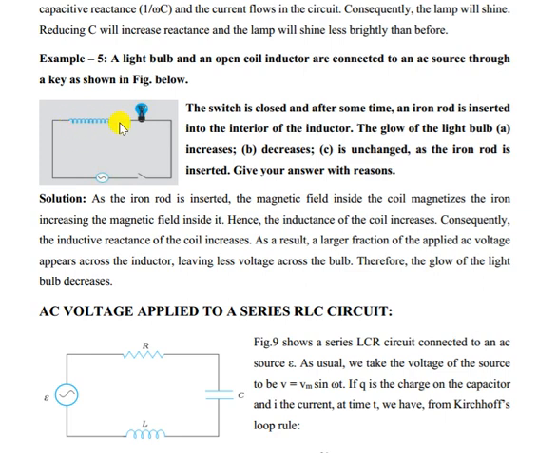Hence the inductance of the coil increases. Consequently the inductive reactance of the coil increases because XL is equal to omega L. As a result, a larger fraction of the applied AC voltage appears across the inductor, leaving less voltage across the bulb. Therefore the glow of the light bulb decreases.